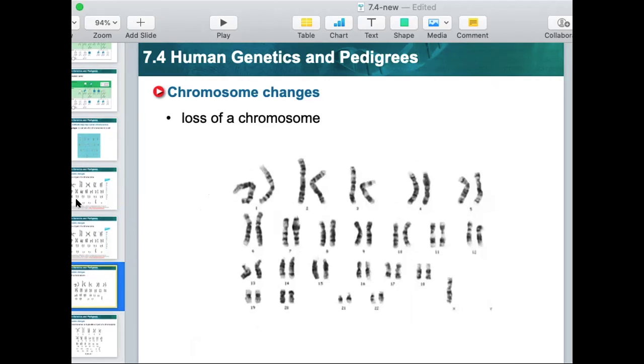Other times you can lose a whole chromosome. It's pretty rare to survive with a chromosome being lost, but there's really one case that is very common. Do you see what chromosome is gone? The Y, yeah. This person only has one X chromosome and that's it. Do you remember what this is called? We talked about this the other day, when you only have one X chromosome and nothing else. Turner syndrome, very good.